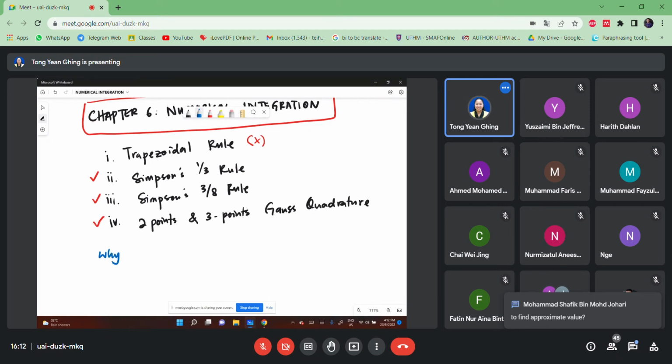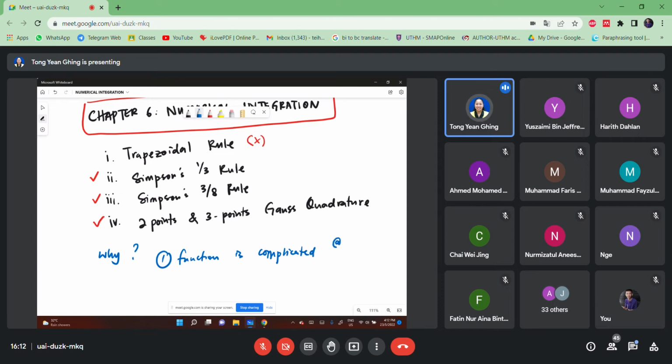First and foremost, when we have a function that is complicated, or we can say that we do not have the exact solutions.